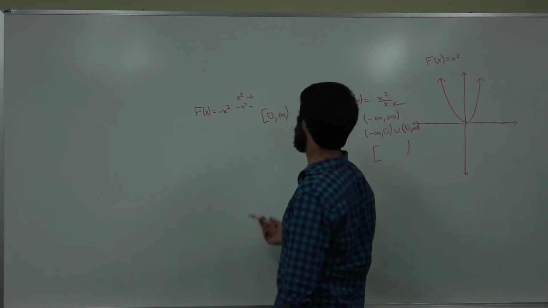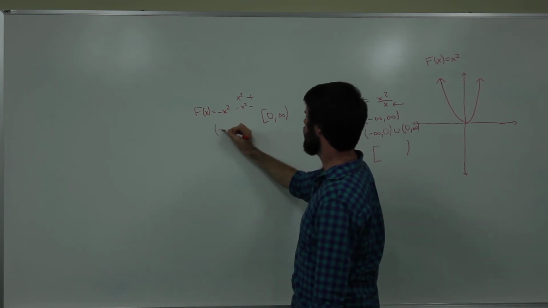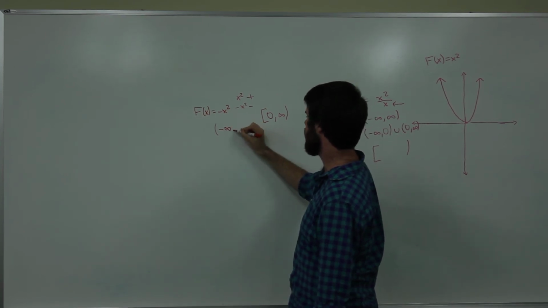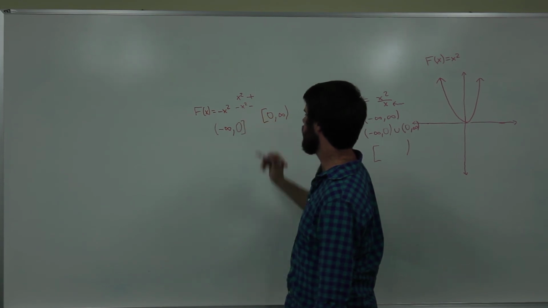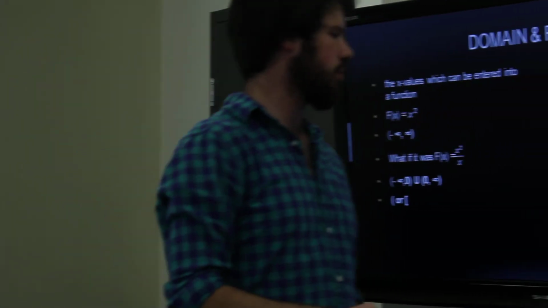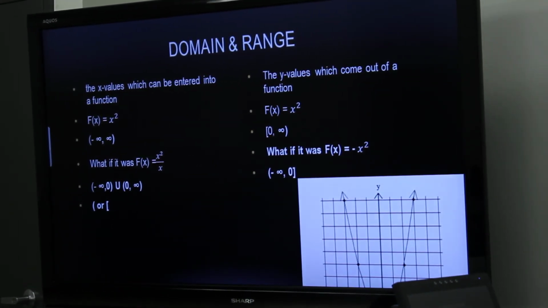So what does that mean for our range? We know that it could go all the way down as close as it could possibly get to negative infinity. Then it could go all the way up to 0. So the range is negative infinity to 0, with a parenthesis and a bracket. See, we got that right.